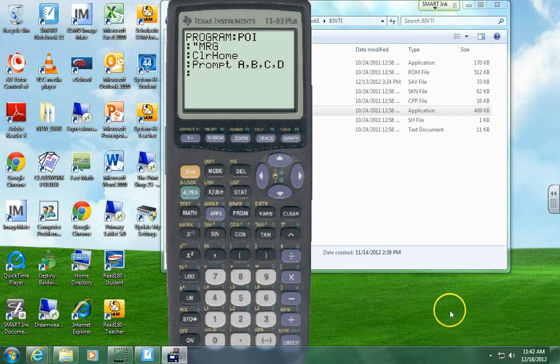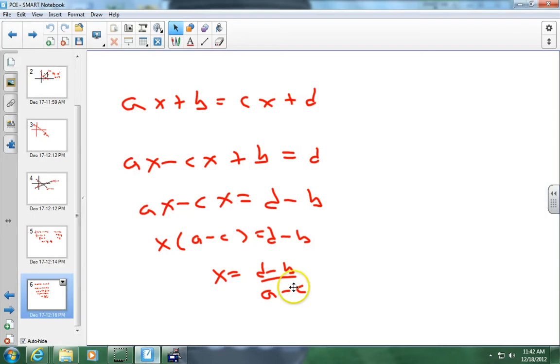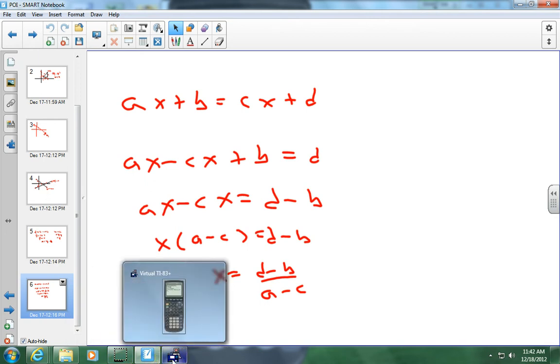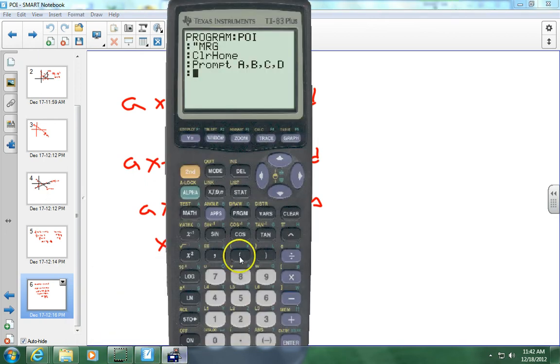Okay. And let's remind ourselves what we're doing. We're doing D minus B over A minus C is the X value, where D and B are Y-intercepts, and A and C are slopes, right? All right, so D minus B over A minus C. D minus B, right? D minus B. Okay, here we go.